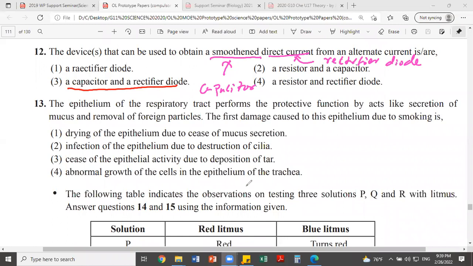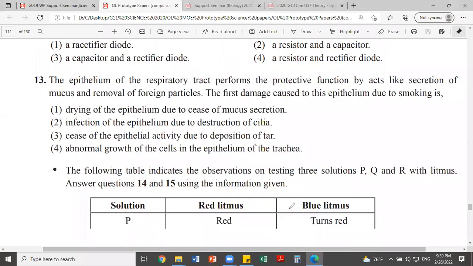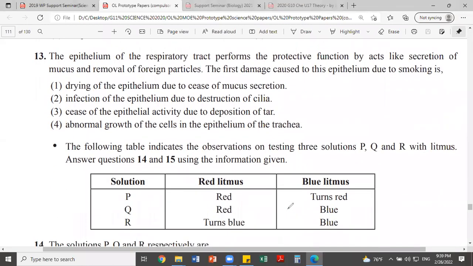Question number 13. I'll erase the screen. Epithelium in the respiratory tract. Those who are smoking cigarettes, this epithelium gets damaged. Then what happens? Directly the cancerous chemicals go into the alveoli or the lungs and you get lung cancer. Act like secretion of mucus. Why is there secretion of mucus?